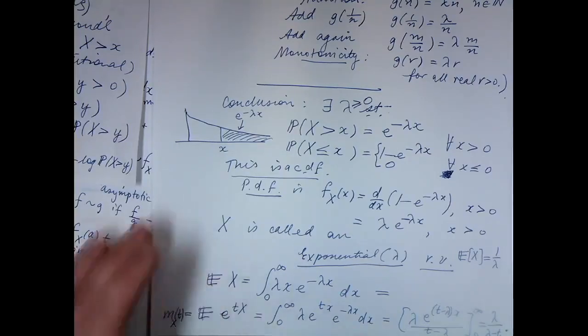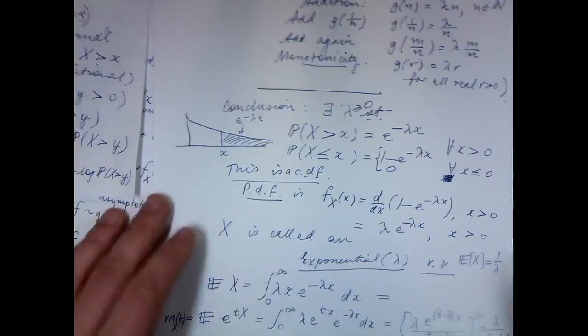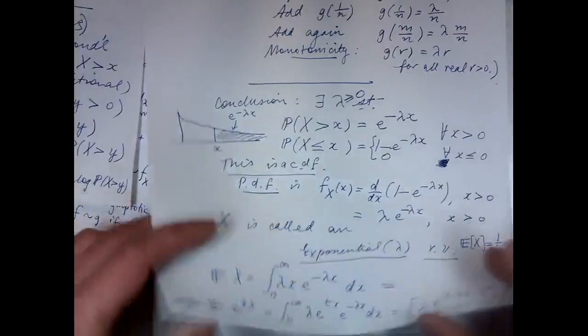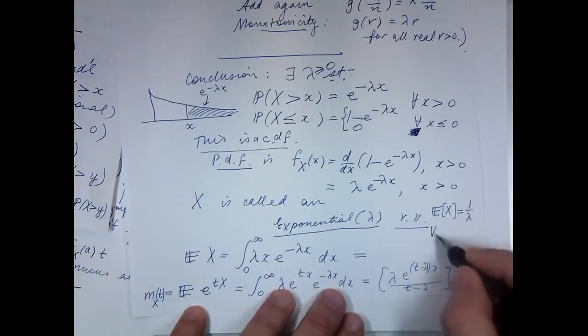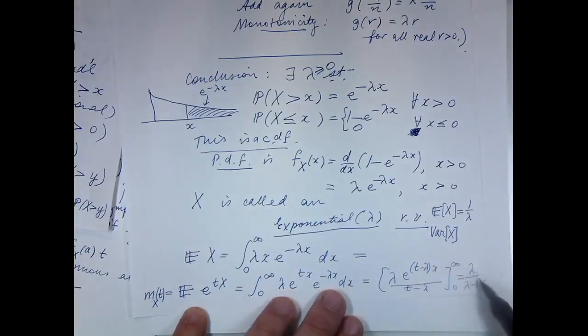I guess I better give you the variance as well. Remember, I differentiated once and got lambda over (lambda minus t) squared. There's no minus sign because the minus from the differentiation cancels with the minus from the minus t.